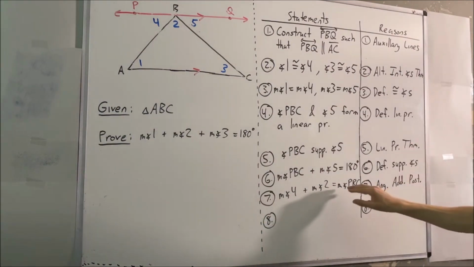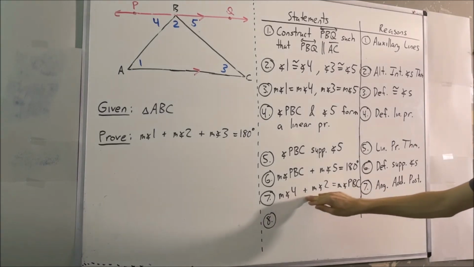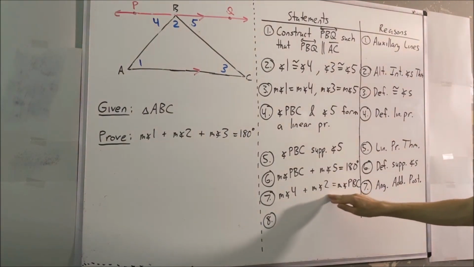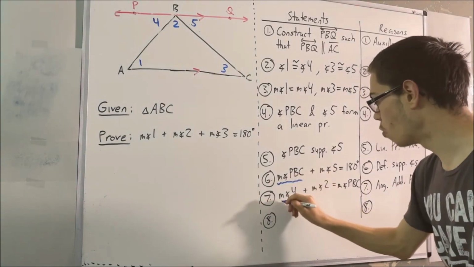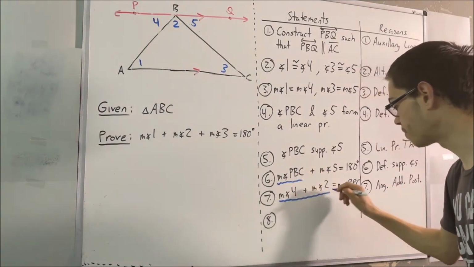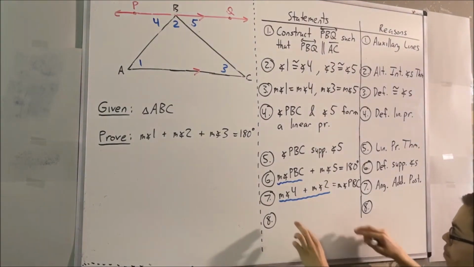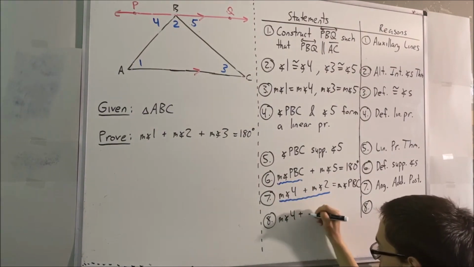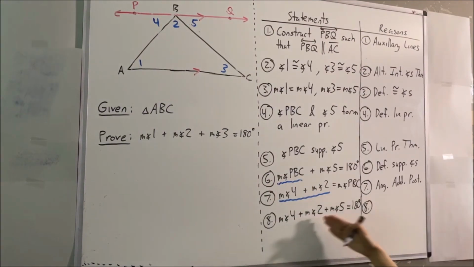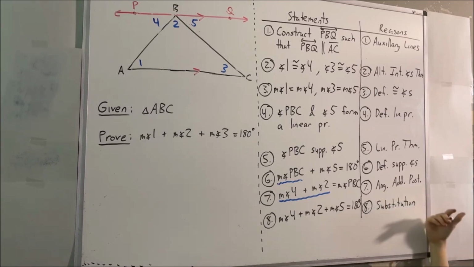Now, since the measure of angle PBC is equal to the measure of angle 4 plus the measure of angle 2, that means we could replace this measure of angle PBC with measure of angle 4 plus measure of angle 2. So really, what we can do here is plug this in to this. And so this is by substitution. More specifically, the substitution property of equality.